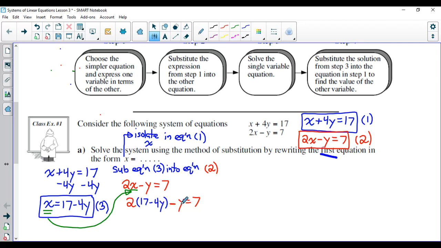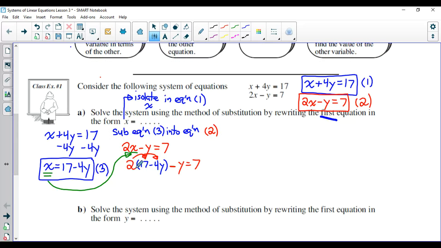Right now we can't do that because we have some brackets, and this minus y we have to deal with. So the first thing we're going to do to simplify is apply the distributive property to get rid of the brackets. This turns into 2 times 17, which is 34, 2 times negative 4y, which is negative 8y, and then we have to subtract this y on the outside as well, so subtract y, and this is equal to 7.